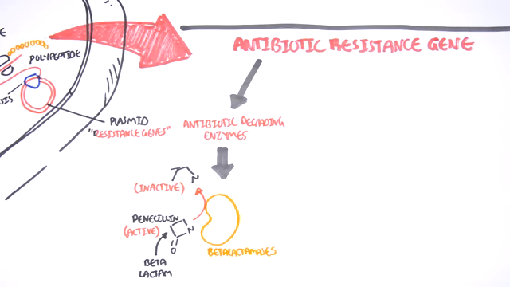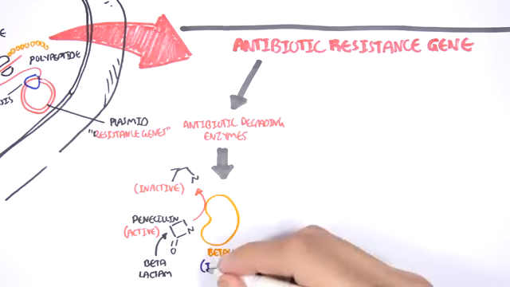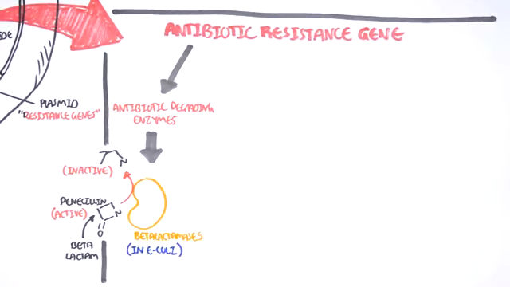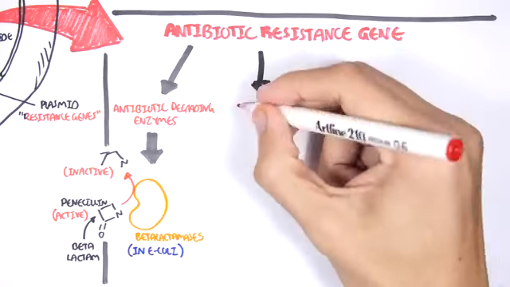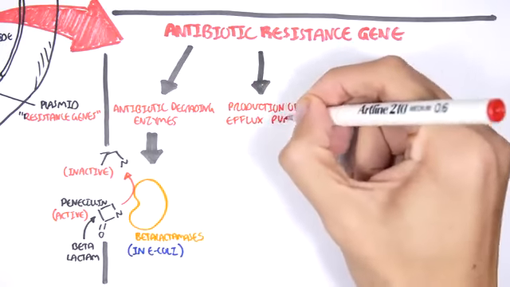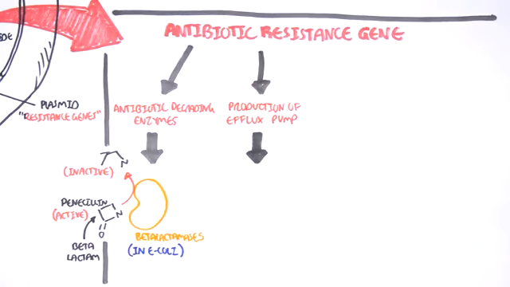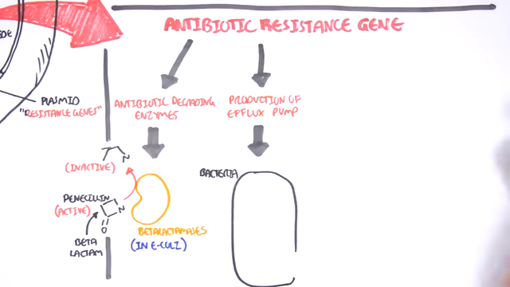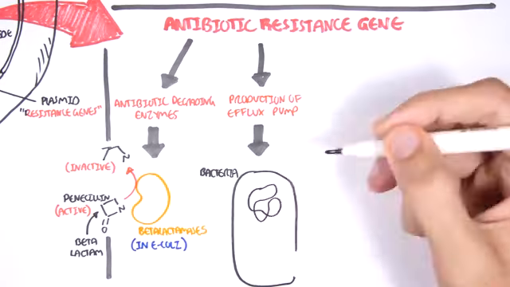There are many types of beta-lactamases, and they are found in many types of bacteria, such as E. coli. The antibiotic-resistant gene of a bacteria may also produce what's called an efflux pump. So what is an efflux pump? Well, imagine this is your bacteria with its cell wall, and you have the circular DNA of the bacteria.